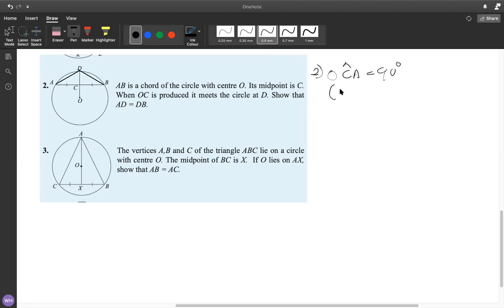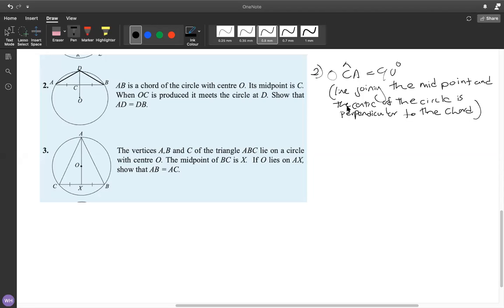The reason is the line joining the midpoint of the chord and the center of the circle is perpendicular to the chord, right?